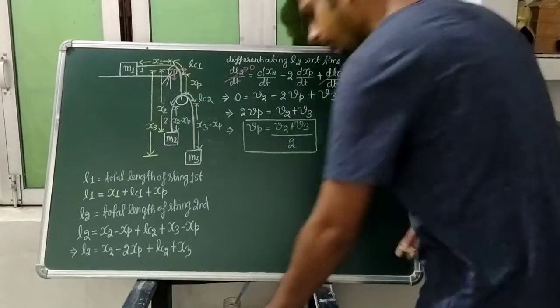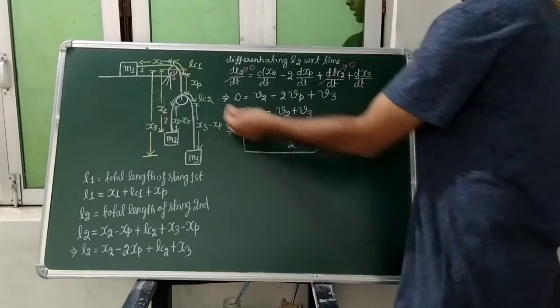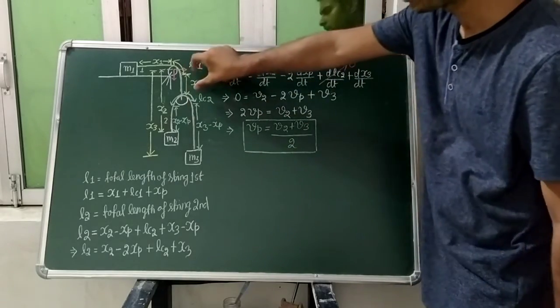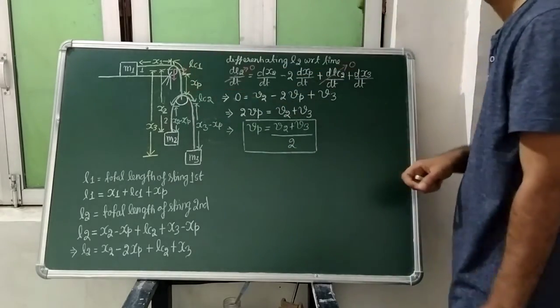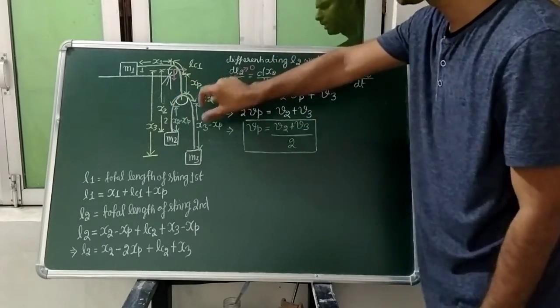So students, notice here that vp is the velocity present here, and v2 and v3 represent the velocities present here.